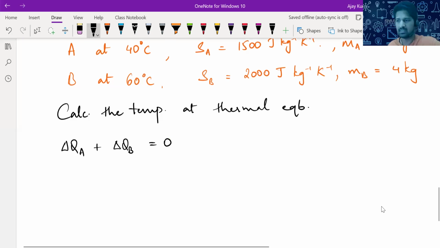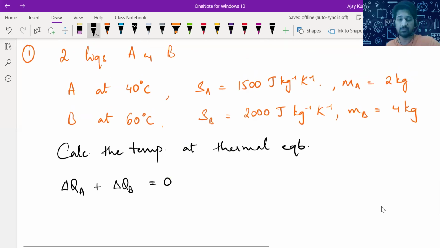One of them will be positive, one will be negative. How do you write heat gained by any object? m s delta T. So now you don't have to bother about whether it should be plus m s delta T or minus m s delta T. You can directly write m s delta T. Now our aim is to calculate the final temperature at thermal equilibrium. Let that temperature be T in degrees C itself.